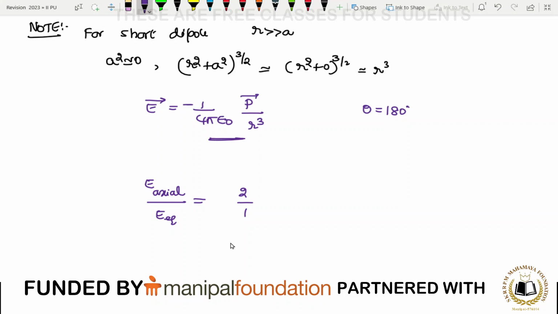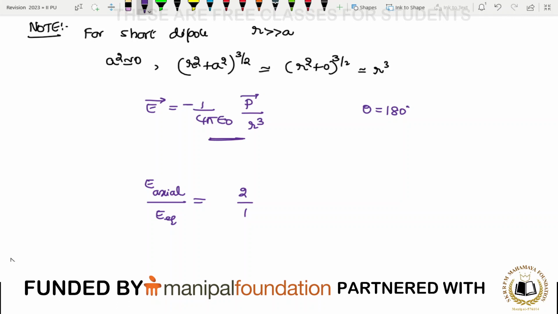One is negative, the other is positive. Axial is positive, equatorial is negative. Negative just indicates the direction, no other meaning. Positive means the direction of the electric field and dipole moment are the same. Negative means both are in opposite directions. Okay, so I hope this one is clear.